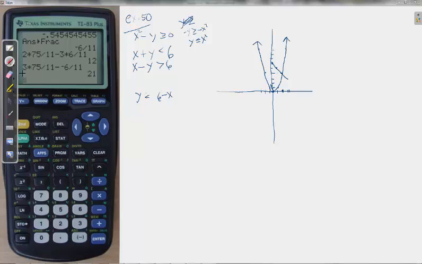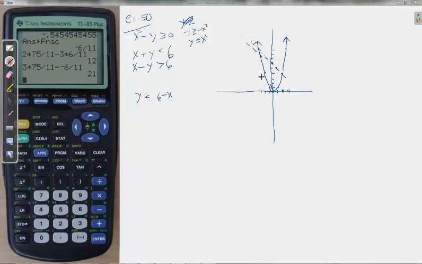Oh, that one is dashed. Up 1 over 1. Up 1 over 1. It actually would go through that point.